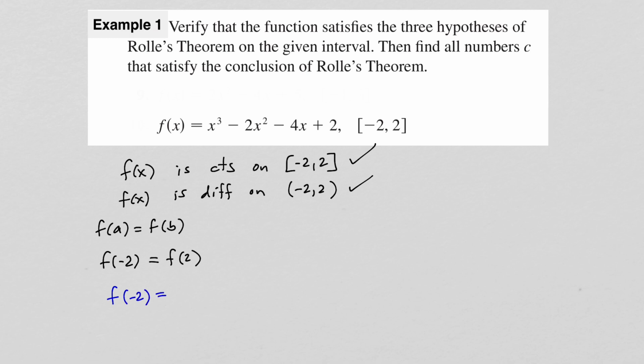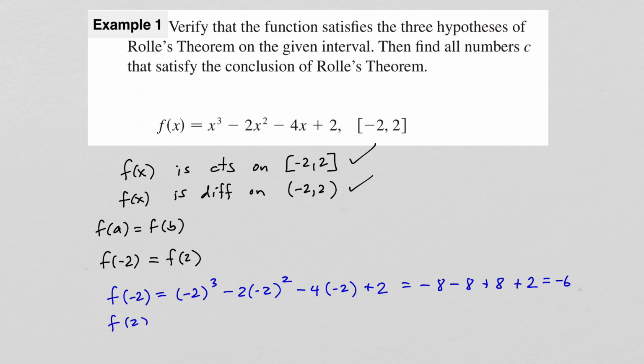f of -2 is going to be -2 to the third power minus 2 times -2 squared minus 4 times -2 plus 2. And this is -8 minus 8 plus 8 plus 2, which is equal to -6. f of 2 is equal to 2 to the third power minus 2 times 2 squared minus 4 times 2 plus 2.